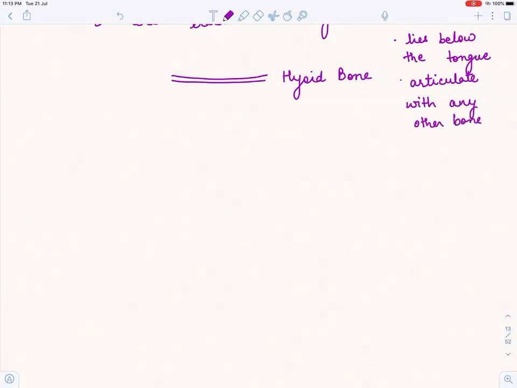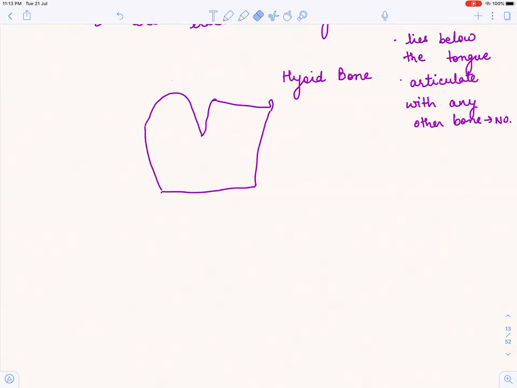So this is the hyoid bone, and this is the structure of the thyroid cartilage, which is the biggest cartilage.